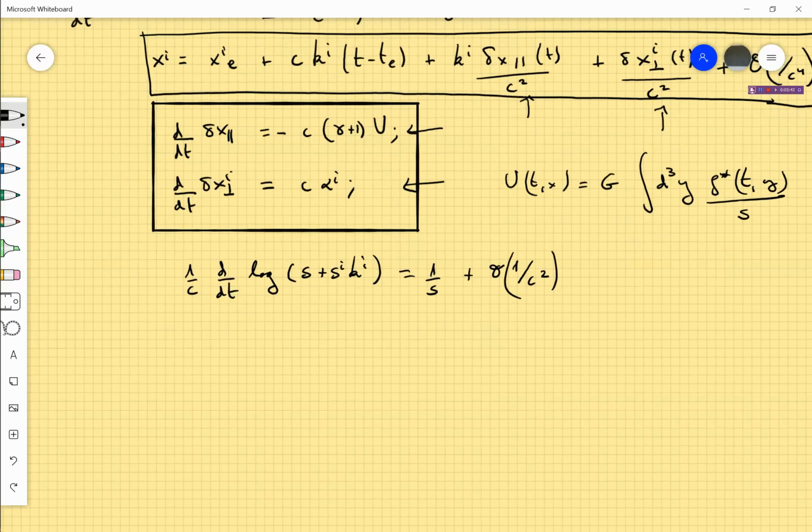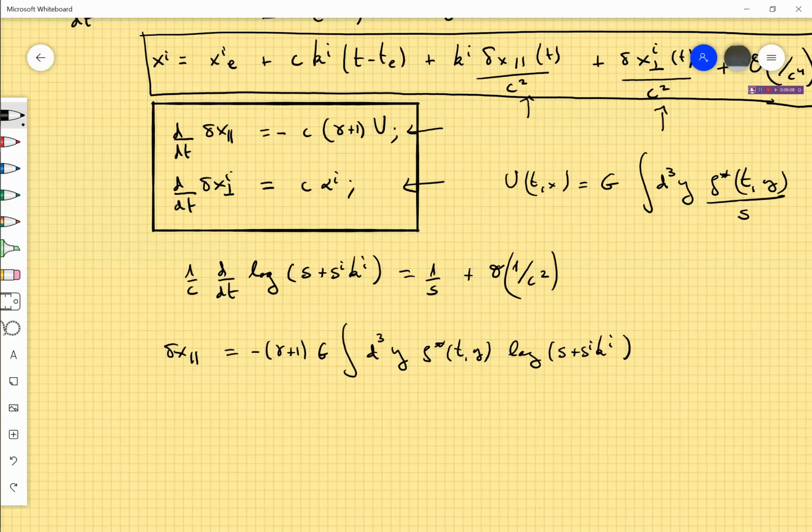So you get immediately that delta x parallel is minus gamma plus 1 G and the integral over y of rho star of t, y, and then the log of s plus si ki, plus an integration constant.